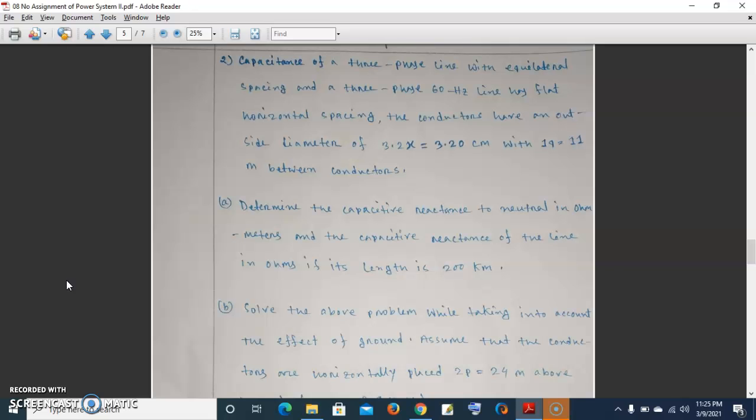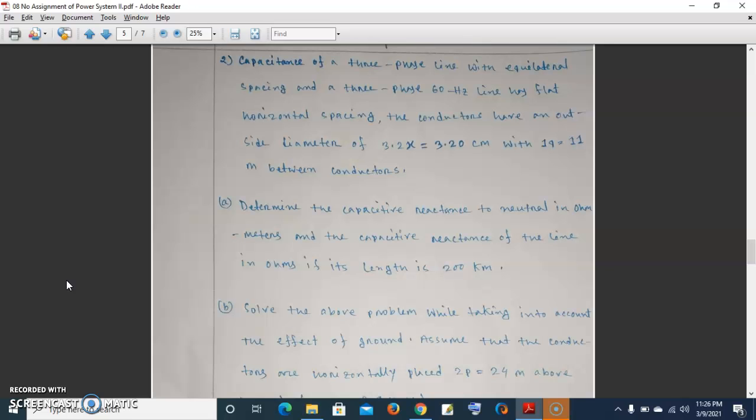Now I will describe my case study round 2. Here the math is the capacitance of a three-phase line with equilateral spacing. A three-phase 60 Hz line has flat horizontal spacing. The conductors have an outside diameter of 3.20 centimeter with 11 meter between conductors.